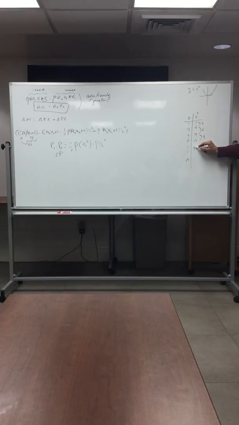Next one is 5, which is going to be 25. The difference between 16 and 25 is going to be what? 9. Okay. So notice that I'm increasing by 2 the value of each term.